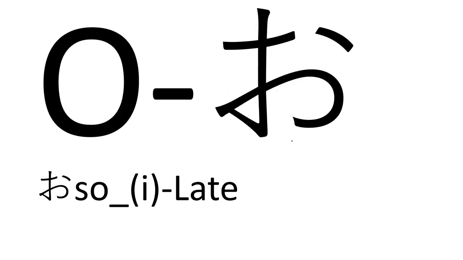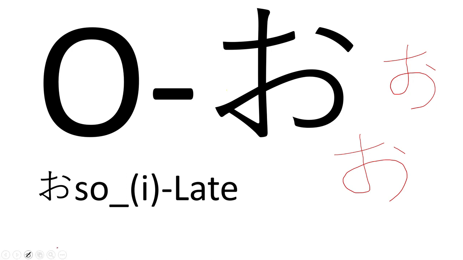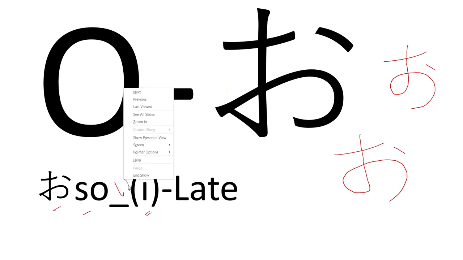The next one is O. First stroke, second stroke, and the third stroke. So a word with it is osoi, osoi. So did you remember we wrote A. So how to write this?